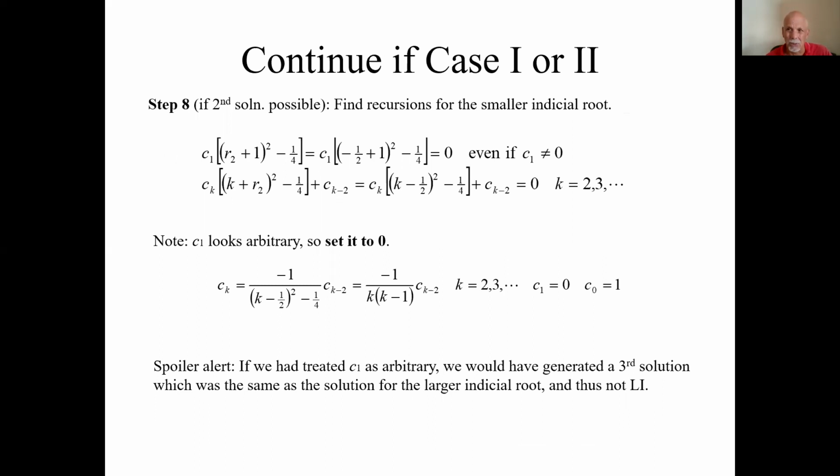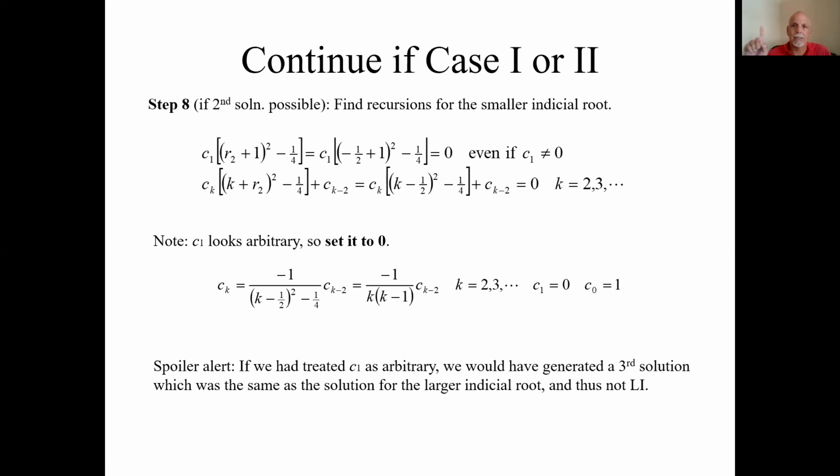Since it was a case 2, where a second solution might be possible, we have to try. But we do it using the smaller initial root, which was minus a half. So this is a half squared minus a fourth, which is 0, no matter what C1 is.